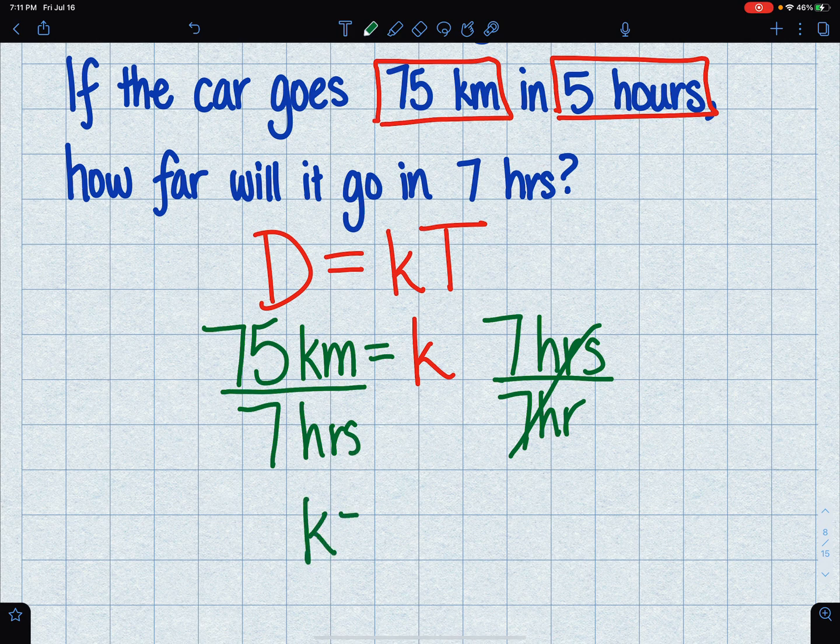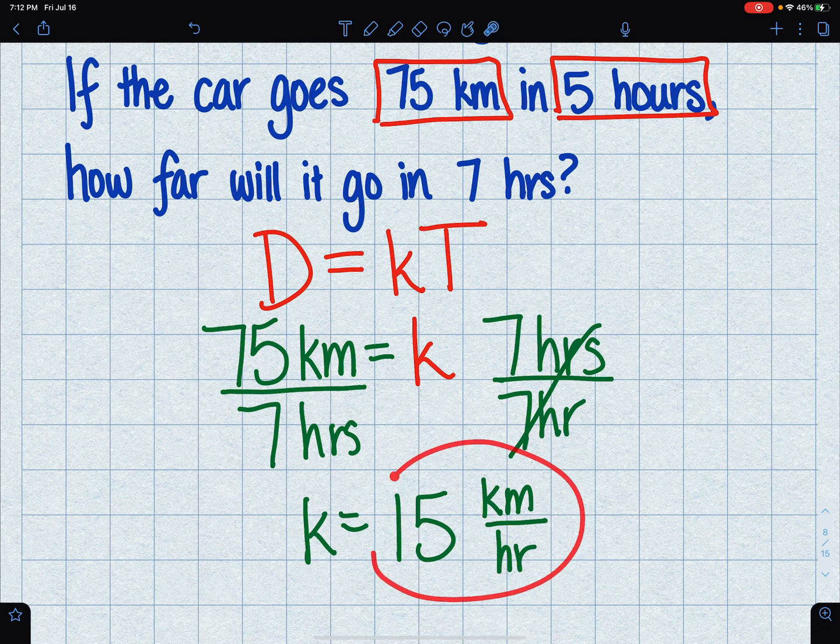K is going to be equal to 75 divided by 5, which is 15 kilometers per hour. See, you even have the units. That is so cool.